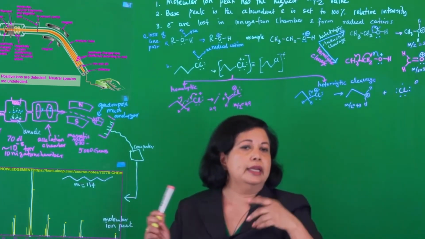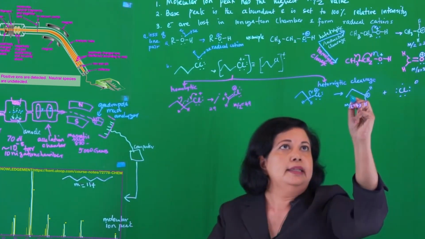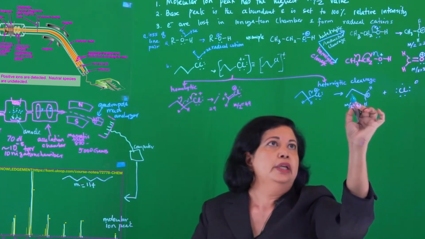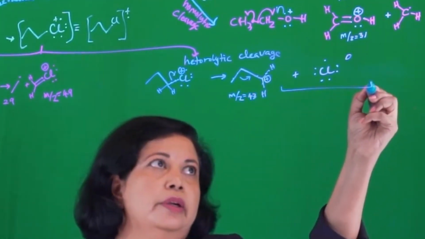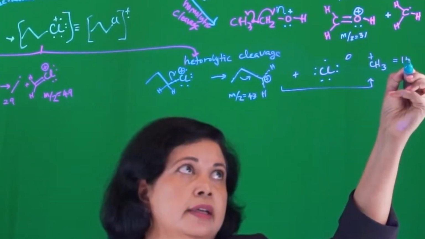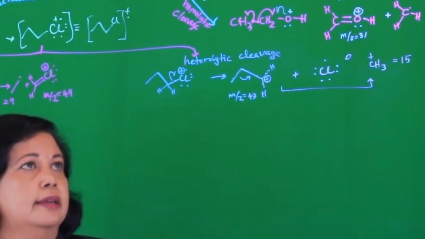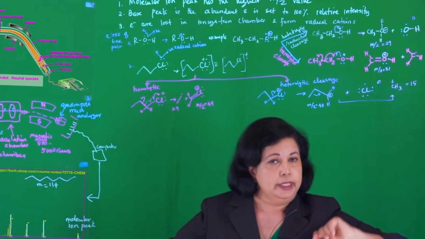So it's going to break up even more. It's going to keep going, and you will see that if, let's say, you do this over here, you will get a fragment from here that is a CH3 plus, that is a 15. Or if you did homolytic, you might get a fragment that is 28.